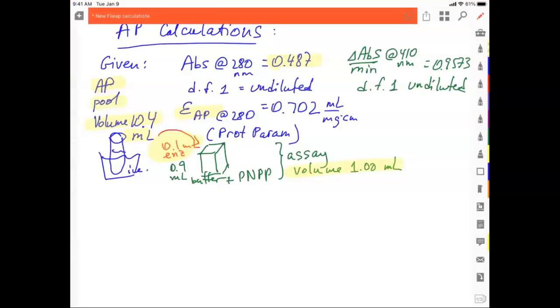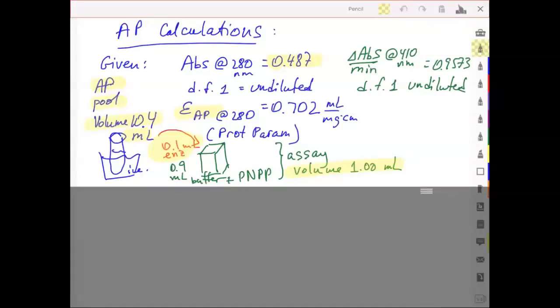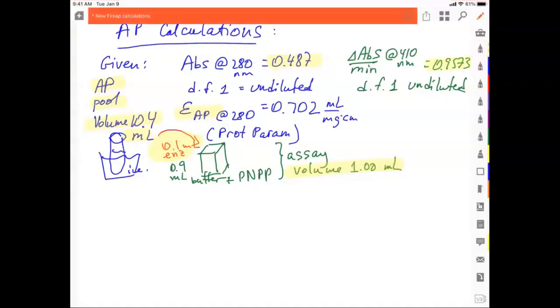We are detecting appearance of paranitrophenolate ion, which is the deprotonated form of the product of hydrolysis from PNPP to paranitrophenol, right? And so we measured its change in absorbance per minute. As we go through the calculations, pay attention to whether we're talking about the original stock of enzyme or the assay that we're doing, and what kind of concentration or volume we need to put in.